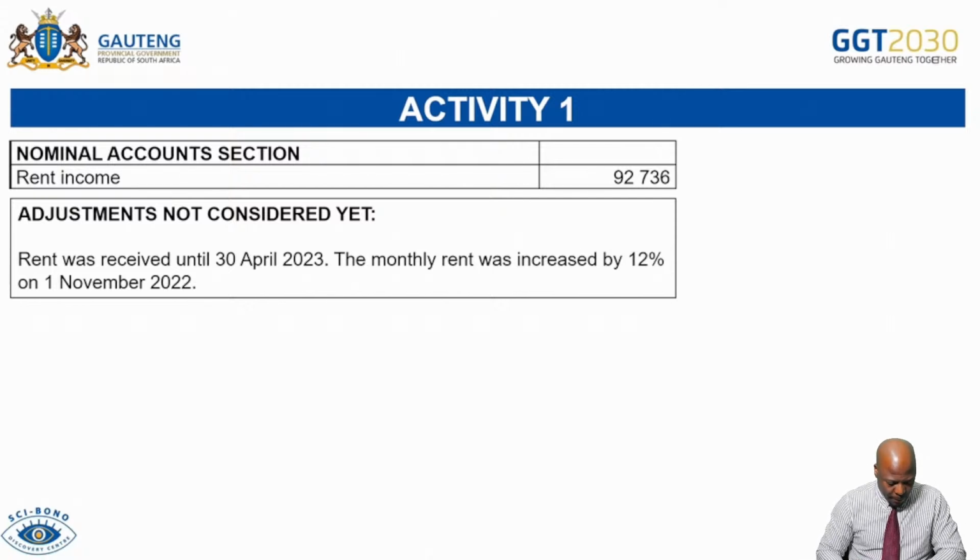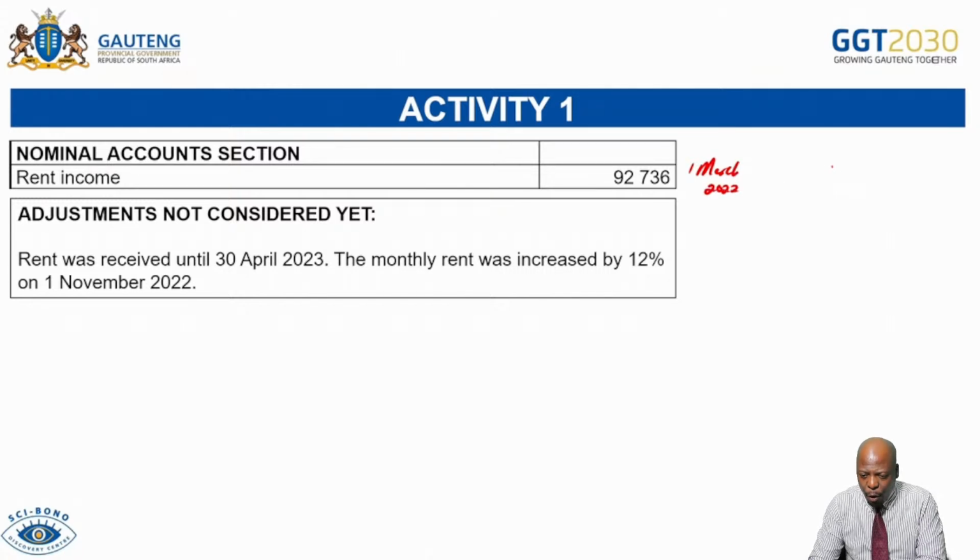Rent adjustment. Rent was received until 30 April. So the moment you hear this, in your mind, remember, you have to read the question and understand. When we began, I told you there's very important information that you must pick the moment you read a question. What was one of them? The financial period. When is it ending? 28 February. So it means it began on the 1st of March 2022.